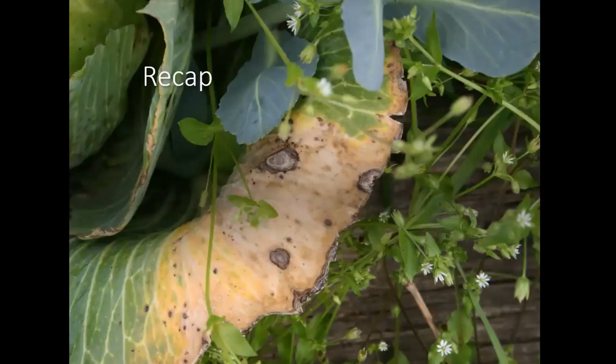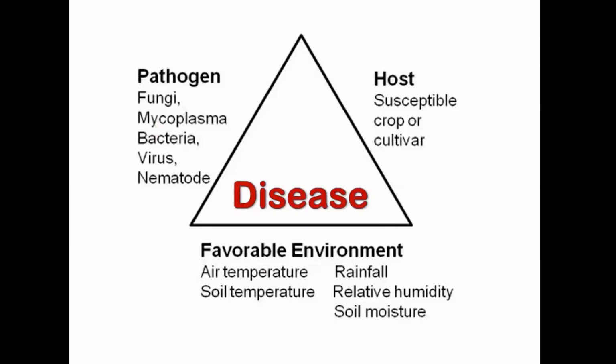Okay, so recap. What all did I talk about? I rambled on about a lot of different things, but in particular, the disease triangle. Your goal to manage disease is to break a side of the disease triangle. You can eliminate the pathogen by roguing, by pruning, by not bringing the pathogen in the first place, by fungicides. You can manage with the host plant by using either a genus or species that is not susceptible, and we would use that in rotations, or you would use resistant cultivars.